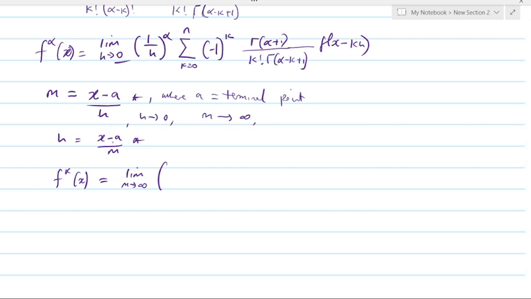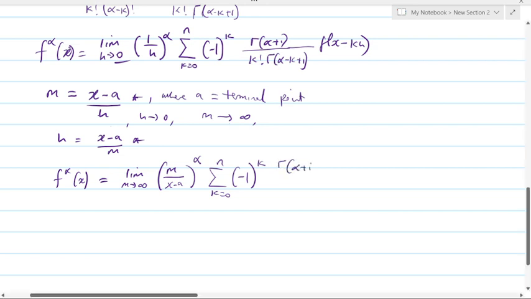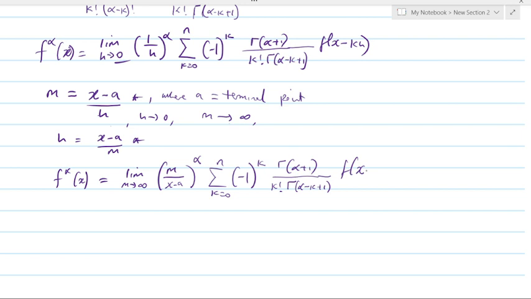So if we have 1 over this, we're going to have m over x minus a to the alpha, then we have summation k equals 0 to n, minus 1 to the k, then we have gamma alpha plus 1 over k factorial gamma alpha minus k plus 1, then we have f of x minus k times h, and your h is x minus a over m.